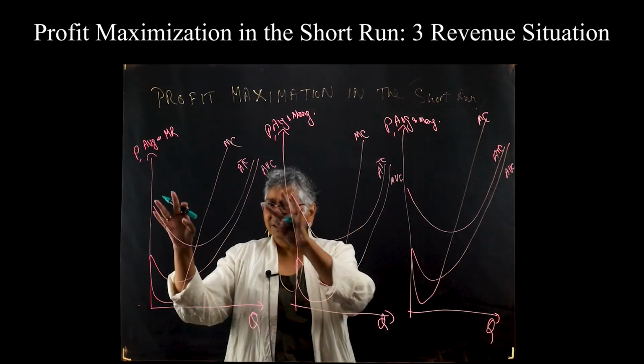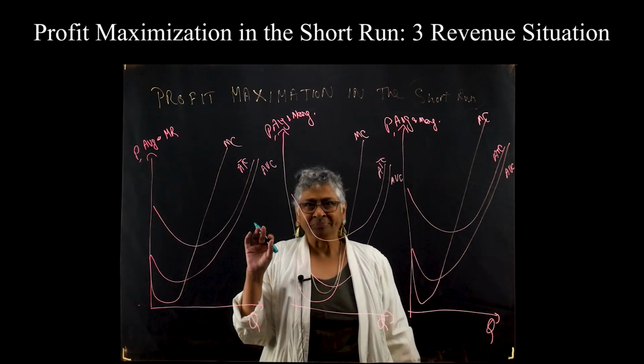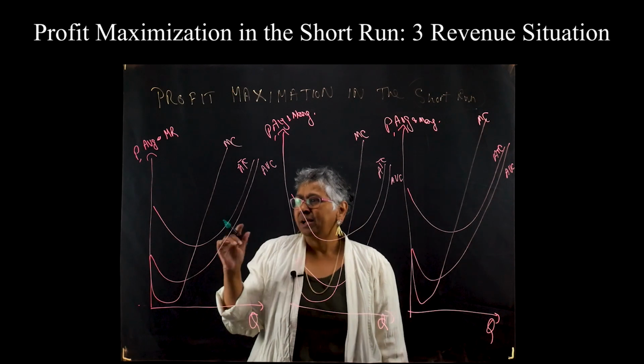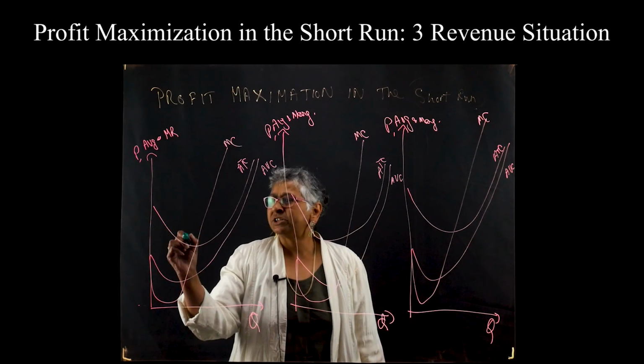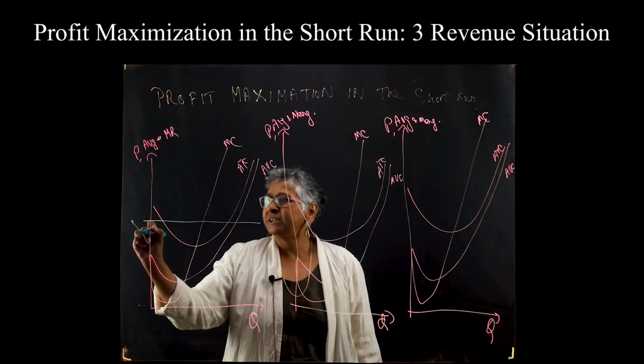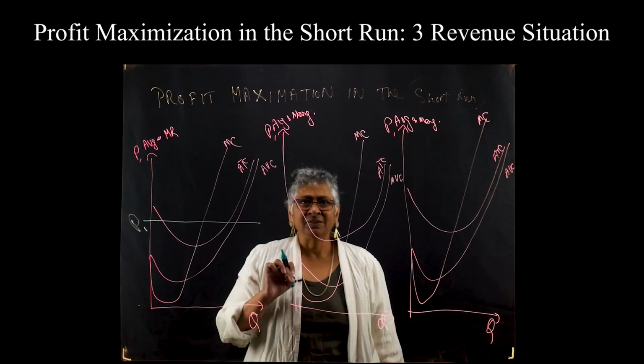1, 2, 3. Imagine that all these 3 are the same cost curve, exact same one. A price-taking firm, 3 different situations. One situation is the one we looked at before, where the price is here. I'm going to call it P1, above the average total cost curve.